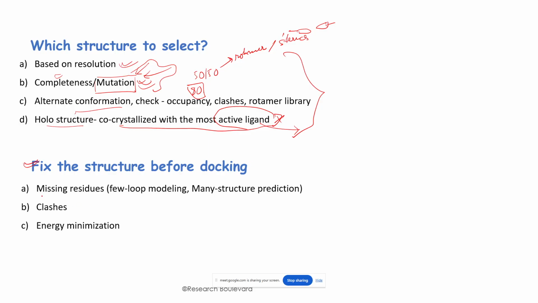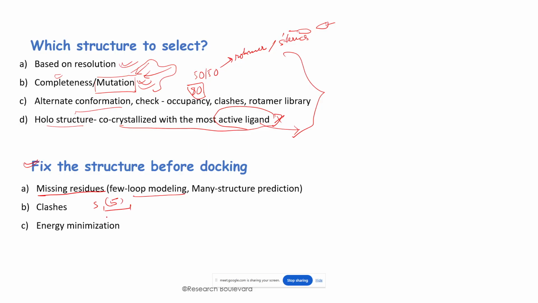Okay, let's say you find missing residues. What you can do, if let's say five residues are missing from a particular stretch of your protein structure or the target structure, is a loop modeling kind of thing.